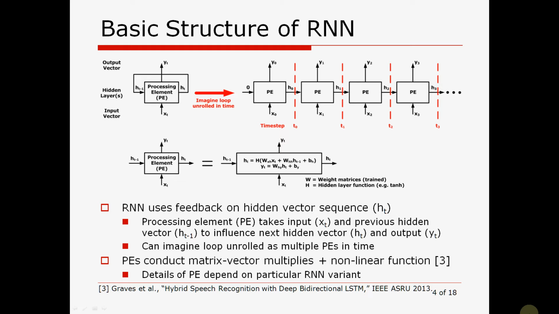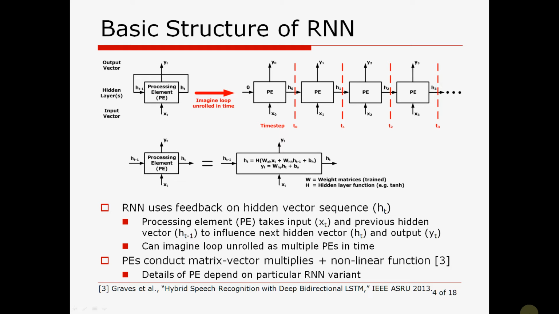So the basic structure of an RNN really involves a feedback loop. So an RNN uses feedback on a hidden vector sequence, and that vector sequence is h of t. So if we look at the top left of the slide, we have a simple processing element that's really the heart of the RNN, and that's in feedback based on that hidden vector sequence h of t.